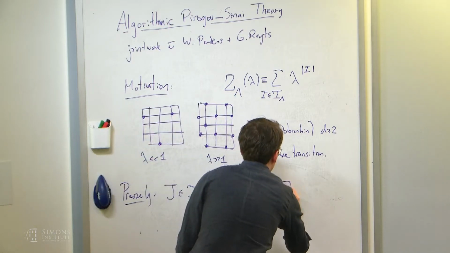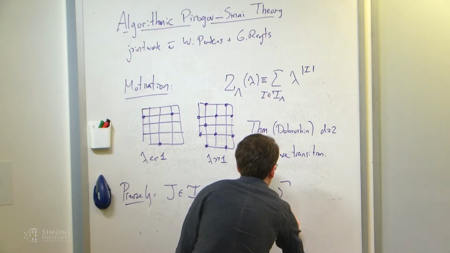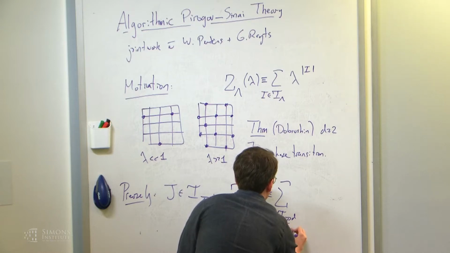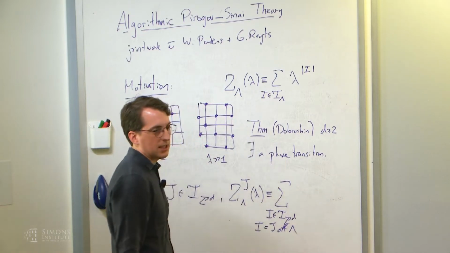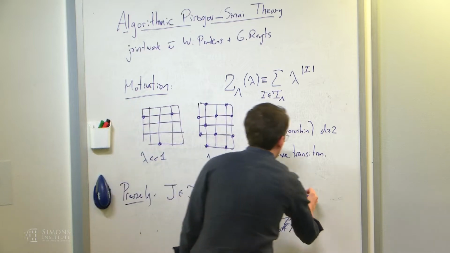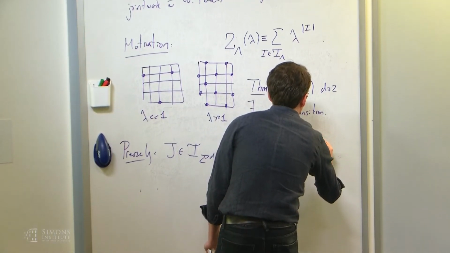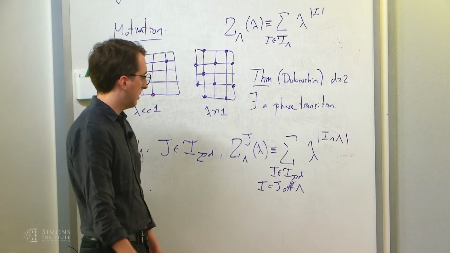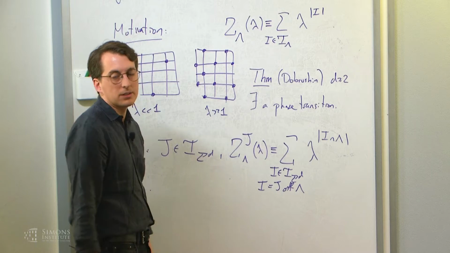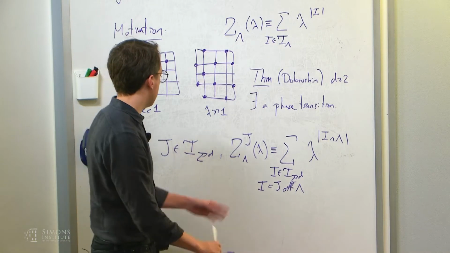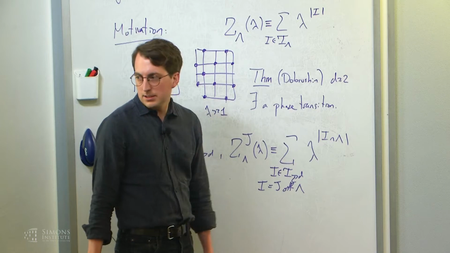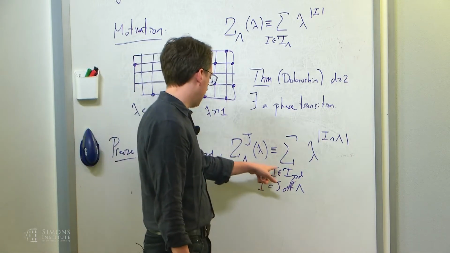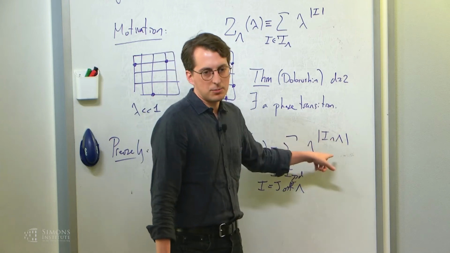What that means is that now I'm going to sum over all independent sets, again in ZD, that are the same as J outside of Lambda. Then I take lambda to the size of the independent set intersected with the set Lambda, so it's just counting the number of particles. Sorry, what was Lambda? Lambda is some finite connected subgraph of ZD, like my box. As long as it's a finite region, this is a well-defined object.